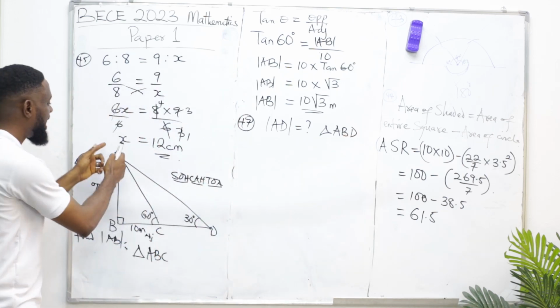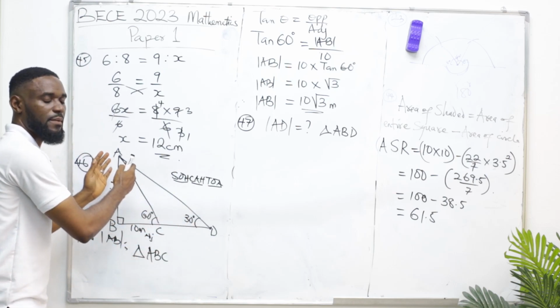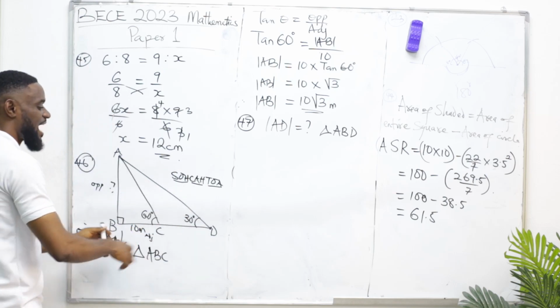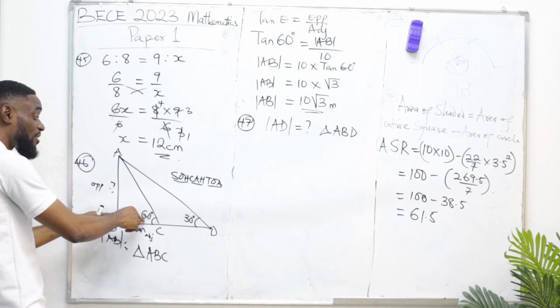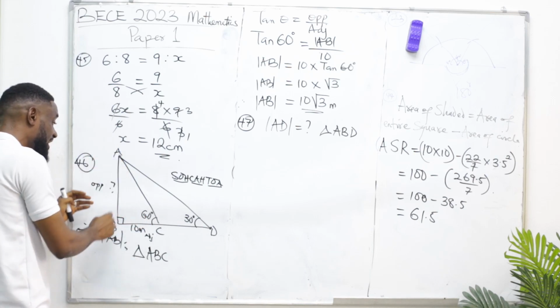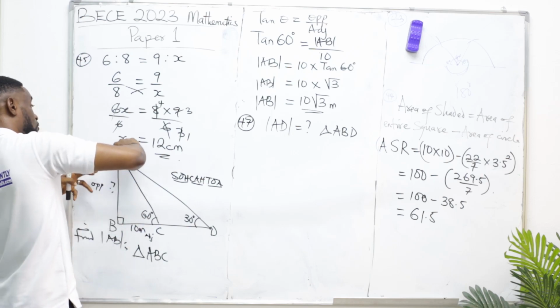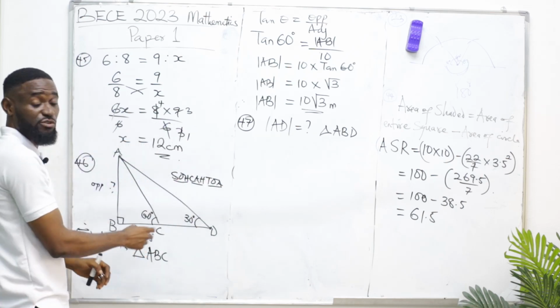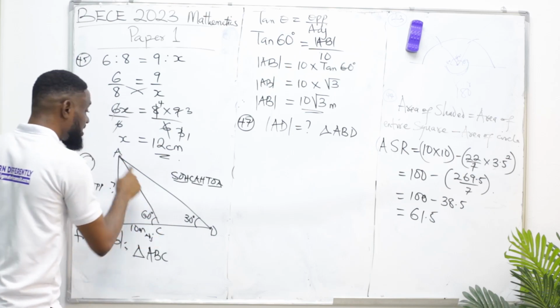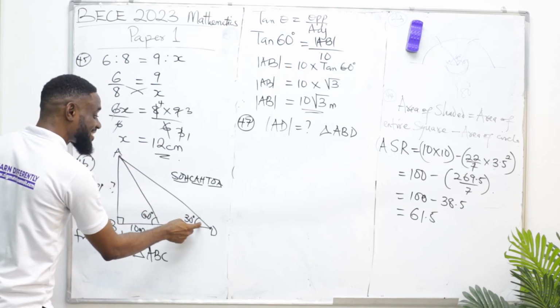If we come back here, AD being the hypotenuse, this is the angle we are going to use. Because this angle 60 is only for ABC, but for angle ABD, 30 is an angle inside angle ABD. Do you understand the point now? So this angle is 30.